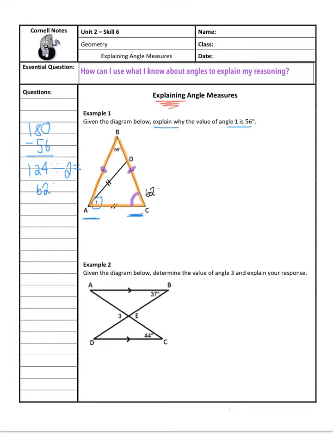So I didn't know that before, so that's something we need to write down in a sentence. So we can call that angle C because there's no other angle C in our picture, it's the only one.